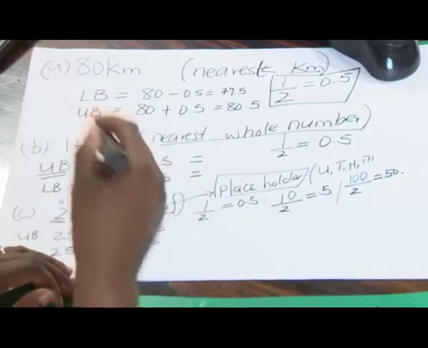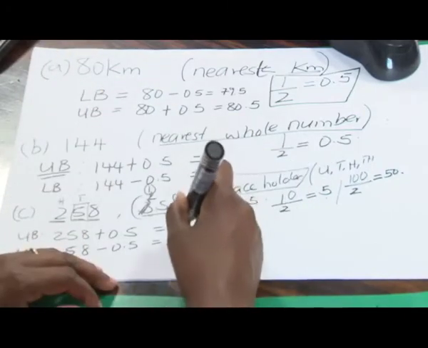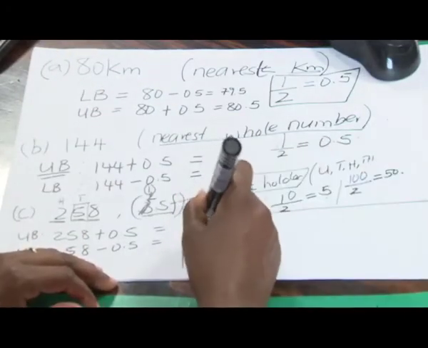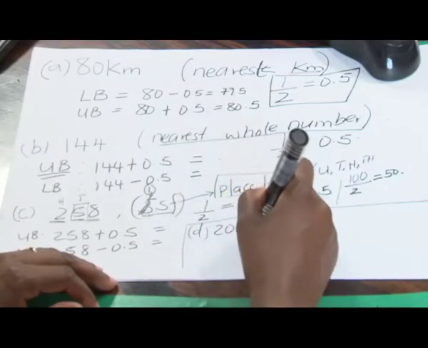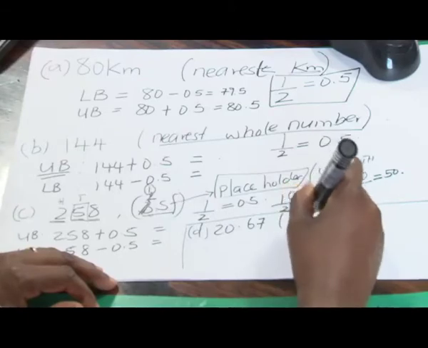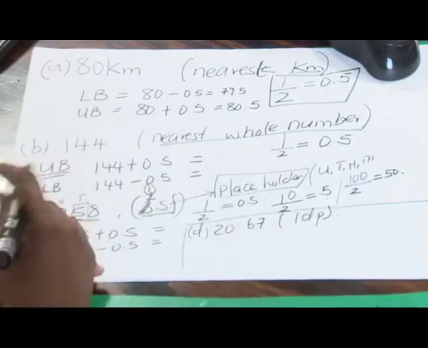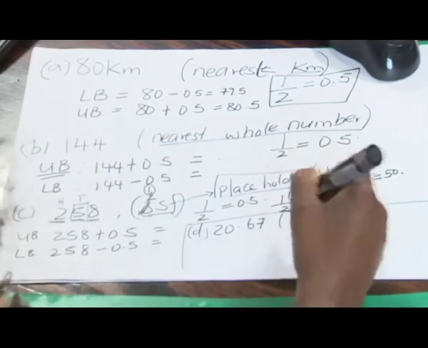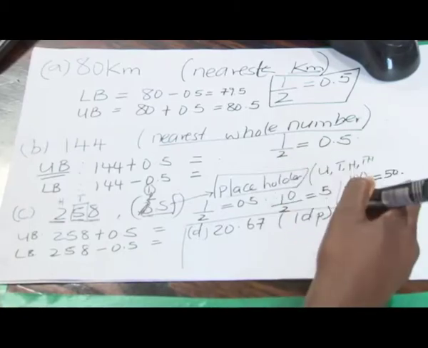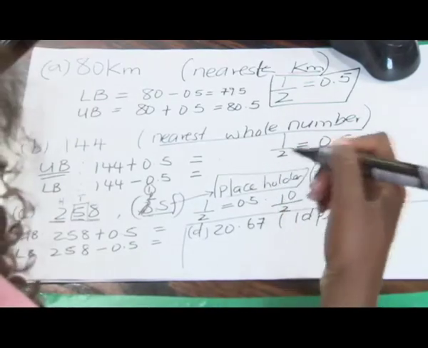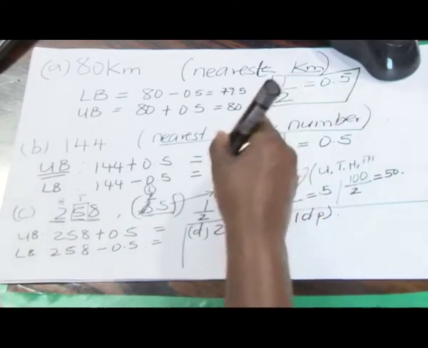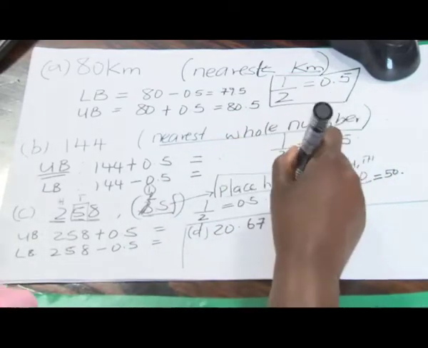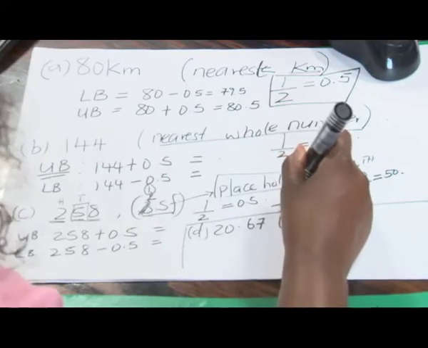Alright, then the last one here, let me just put it here. D, I have 20.67 to 1 decimal place. Again, when it comes to decimal places, some of you are confused, which number should I divide by 2? So, decimal places also, we use placeholders of numbers.